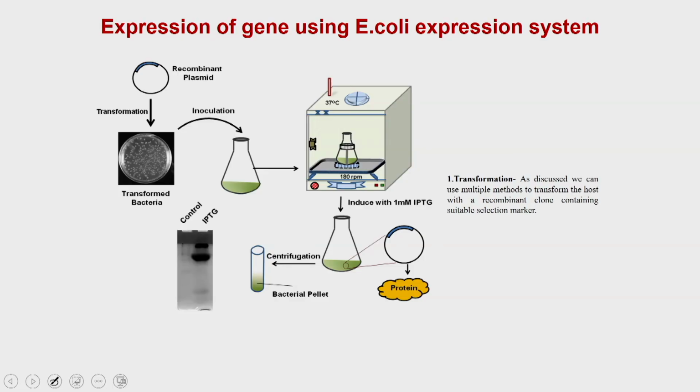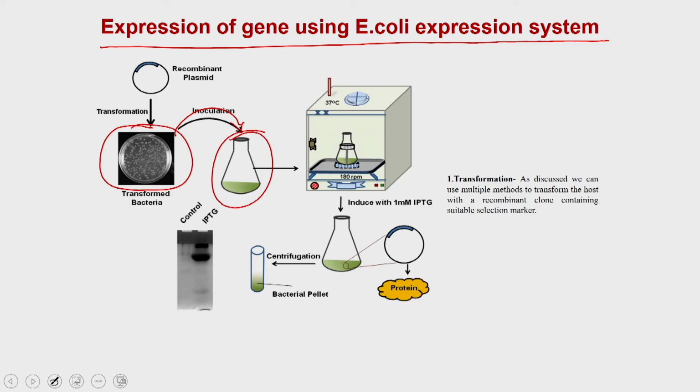Expression of a gene using the E. coli expression system is very simple. First you do the transformation, you get transformed colonies, you inoculate a few colonies into your media and let the culture grow, and then when it reaches an OD of 0.6, you induce it with 1 millimolar IPTG.